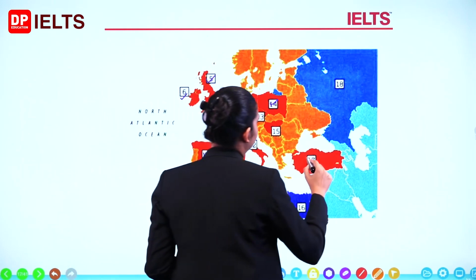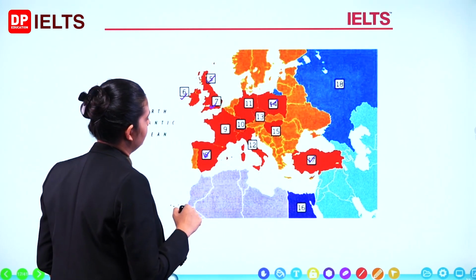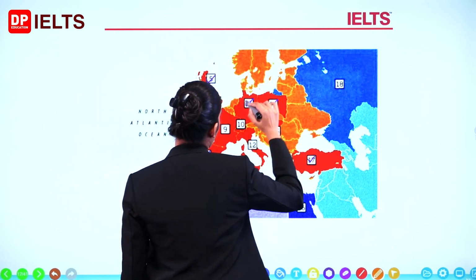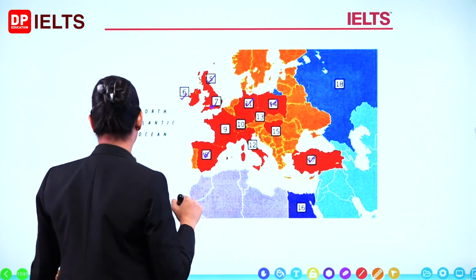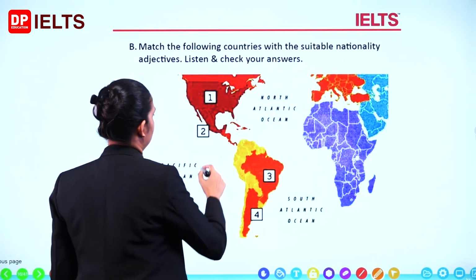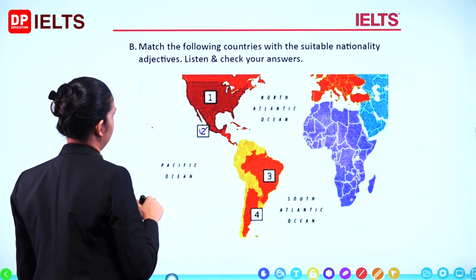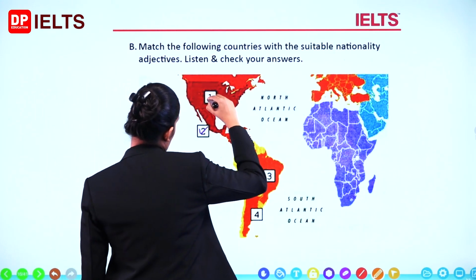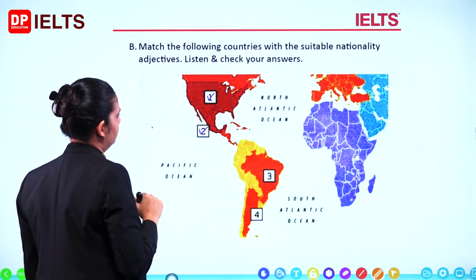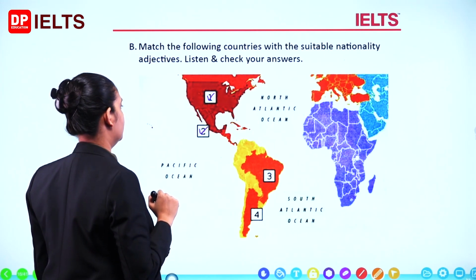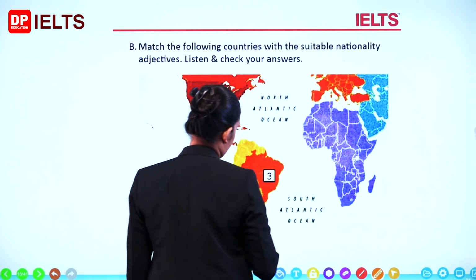Turkey, Turkish. 11. Germany, German. 2. Mexico, Mexican. 1. The United States, the USA, American. 4. Argentina, Argentinian.